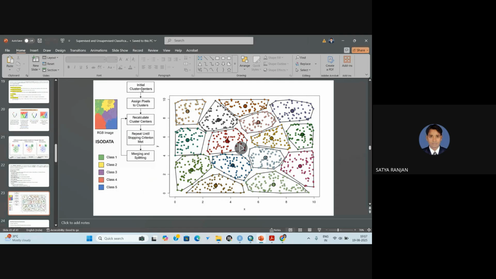First initialize the cluster centers, then assign pixels to clusters, then recalculate the cluster centers, then repeat until the stopping criteria. So the clusters are continuously moving and creating boundaries. After finalization of these boundaries, it creates the final boundaries of the different classes.